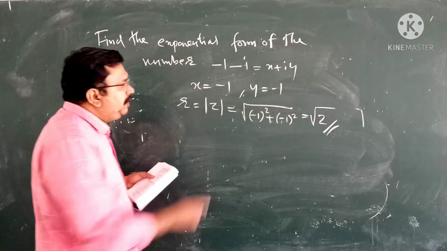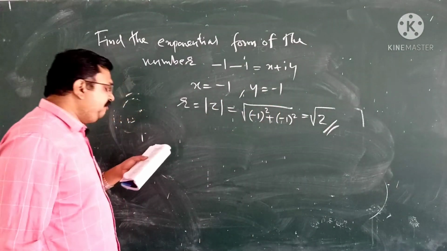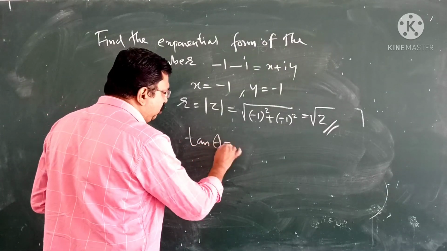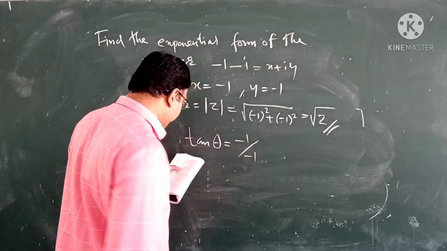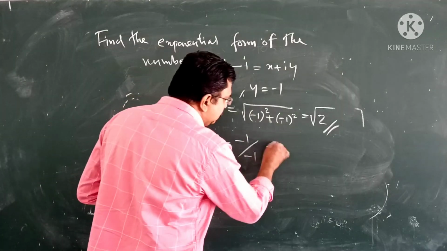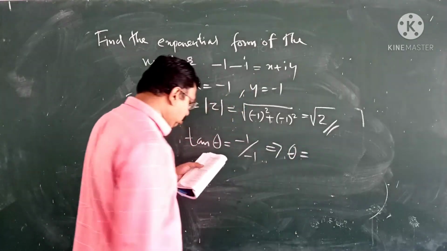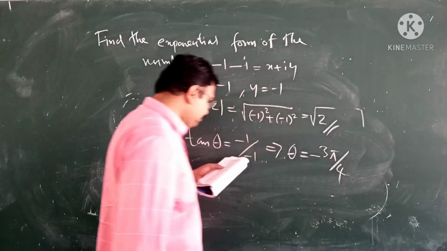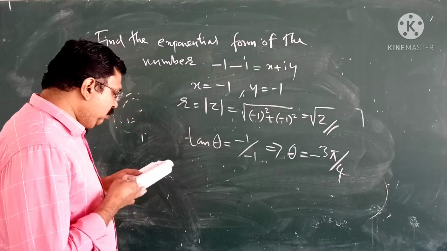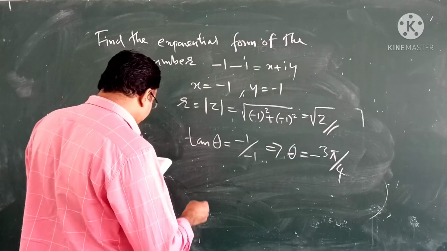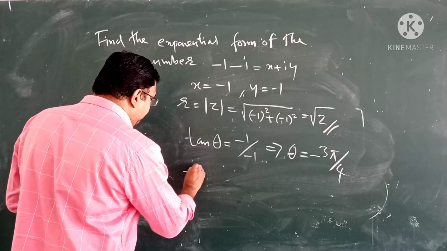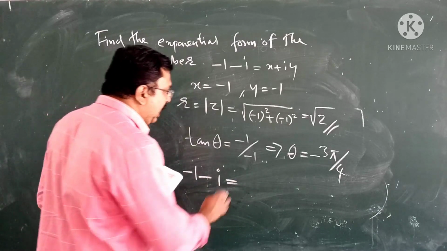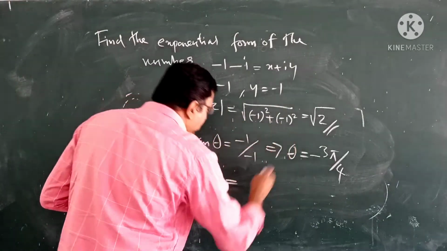And -1 minus I lies in the third quadrant. Then tan theta equals -1 divided by -1, which implies theta equals -3π/4. Okay, therefore the exponential form of -1 minus I equals r into, what is r? R is root 2.